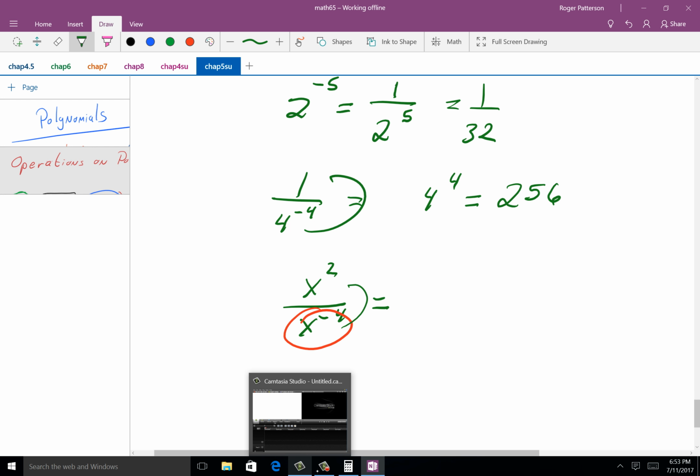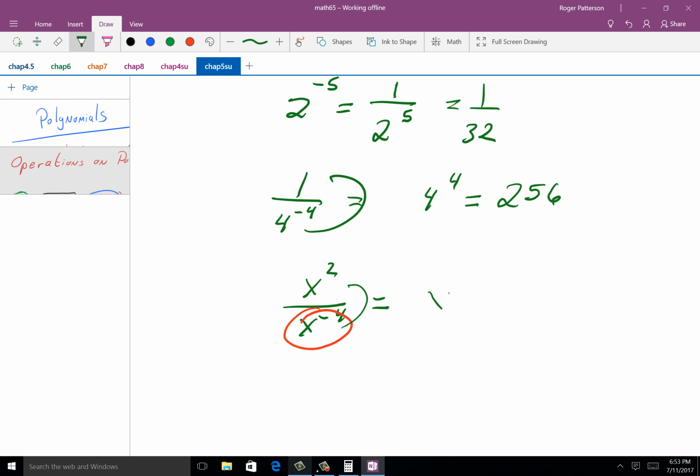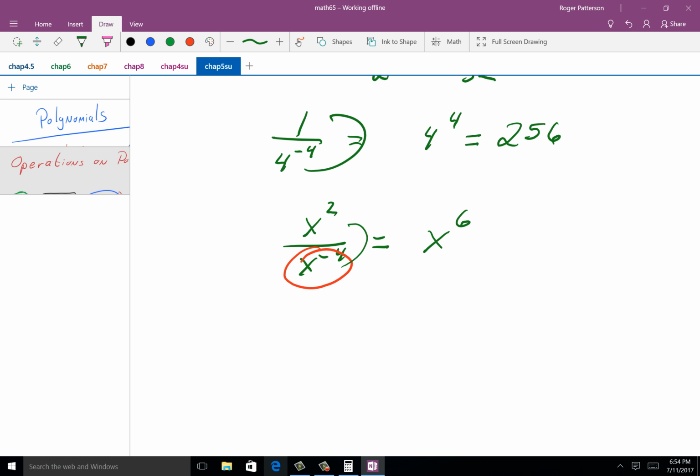But there's already 2 there, so it combines with it and becomes x to the 6th. Okay, so if you got 4 that are negative, it's going to bump up to the top, combine with the 2 that are already there, and give you x to the 6th. All right, the 2 is not negative, only the 4 is on the bottom. So the bottom moves to the top, but the top doesn't move, it stays.